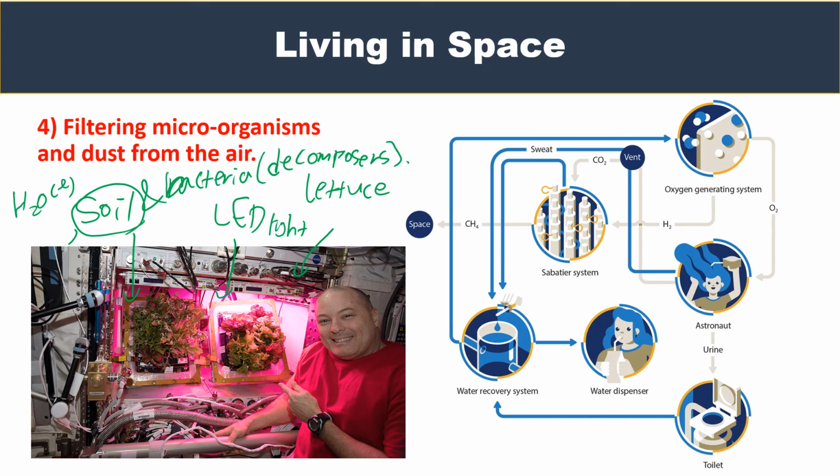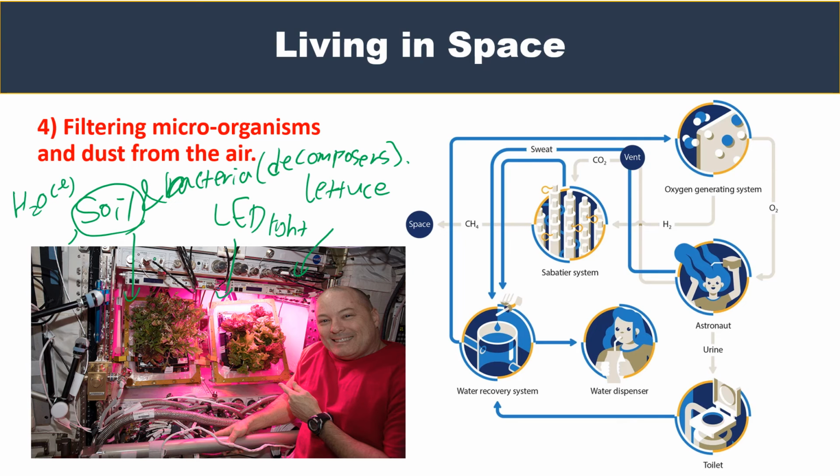Decomposers, ladies and gentlemen, are the ones that filter usable chemicals, for instance nitrogen that is required as a fertilizer, from the fertilizer. Those are the ones used to produce lettuce growth, if you will. So soil and bacteria are needed.